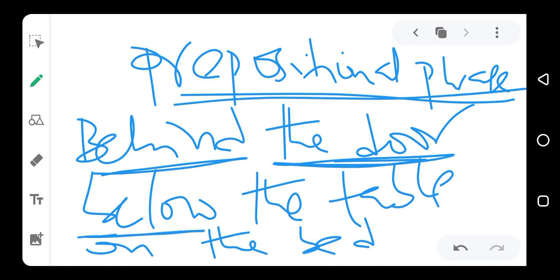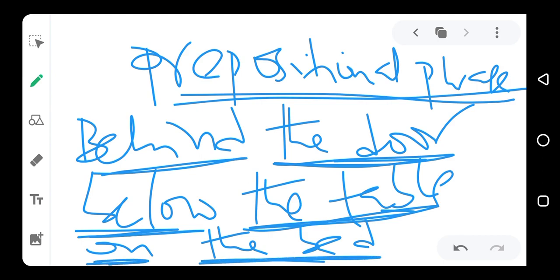This is a preposition, below, and this is its object. On is a preposition here, and this is its object. So when we have a cluster of words consisting of a preposition and a noun acting as an object to the preposition, we call it a prepositional phrase.